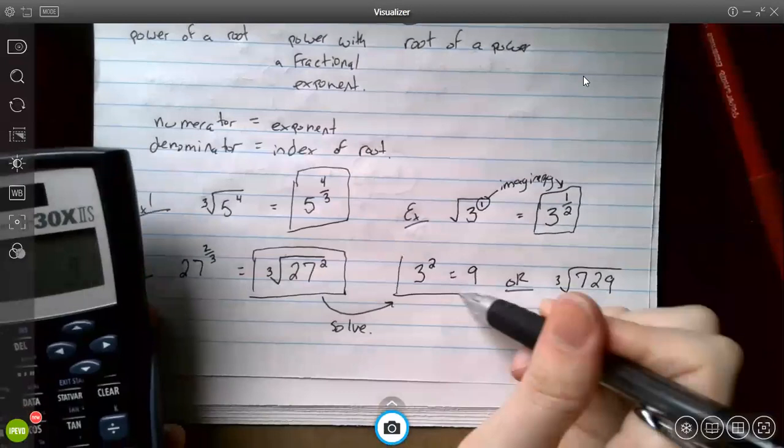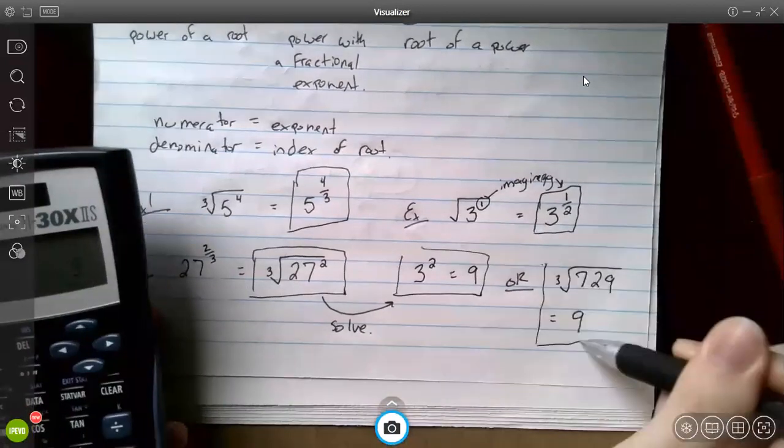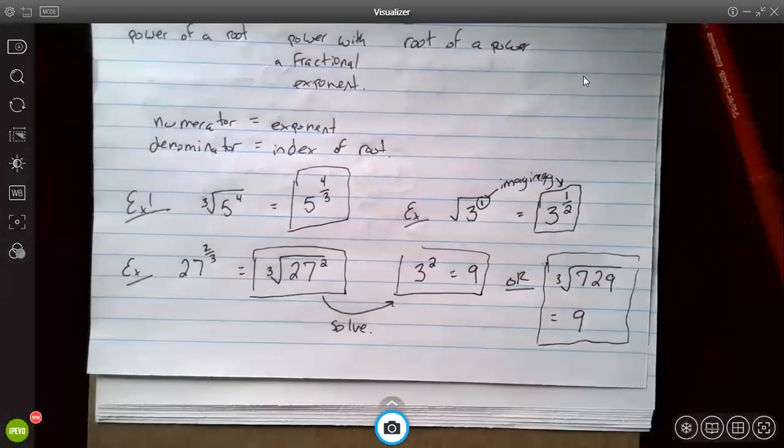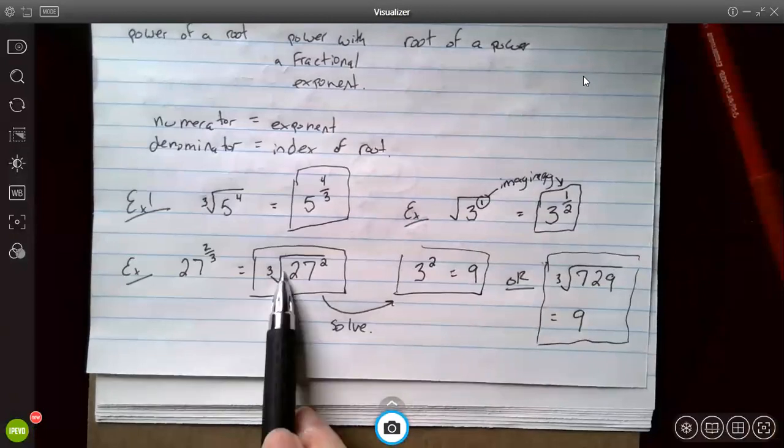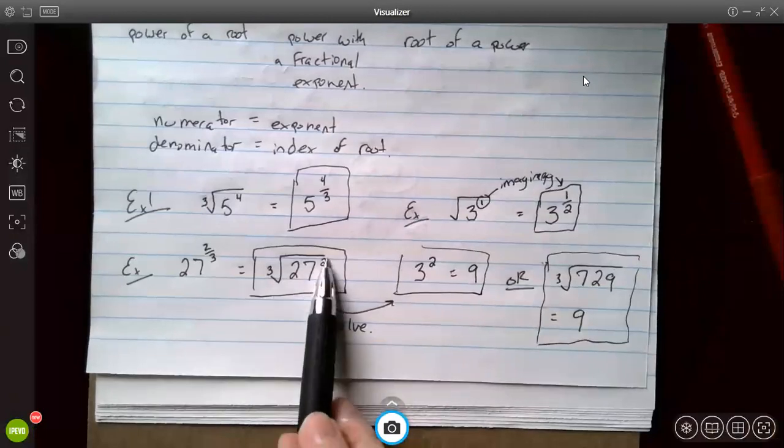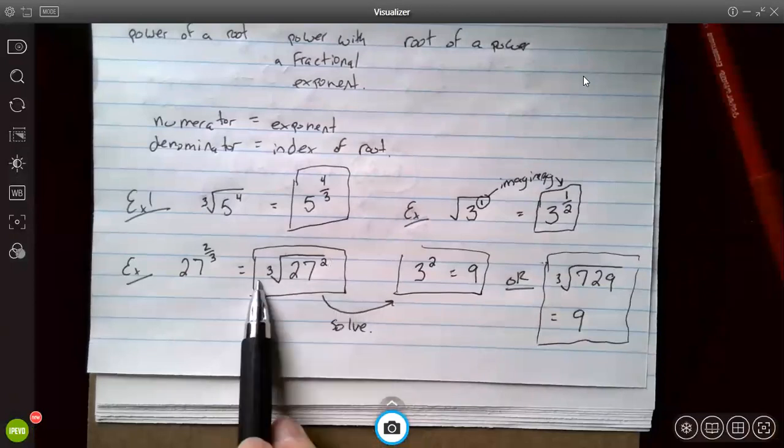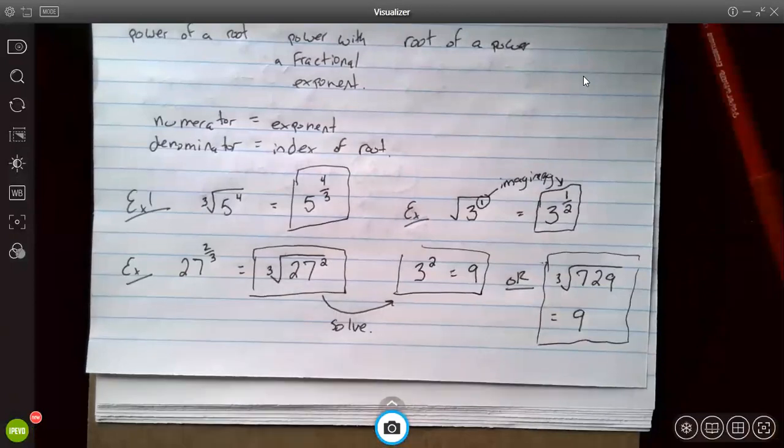So both of those are equally valid ways of solving. You can either do the root portion first or the power portion first. So either do the 27 squared first, or do the cubed root of 27 first. Okay? Either way, you get the same answer.